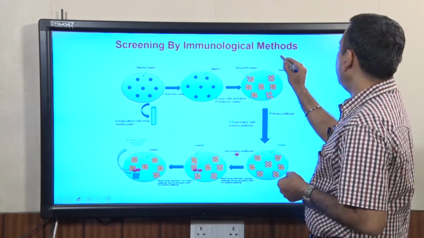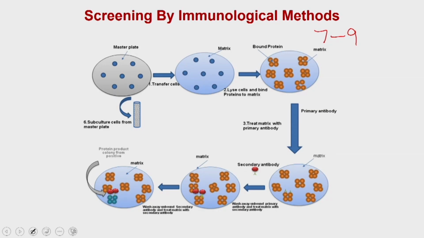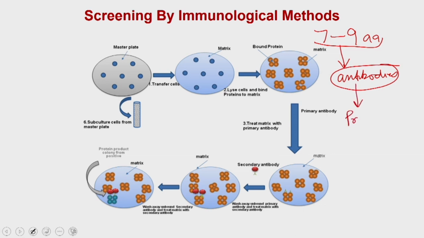Normally you have an epitope of 7 to 9 amino acids, and that gives you the antibodies, and the antibodies which they give are specific for the particular protein.